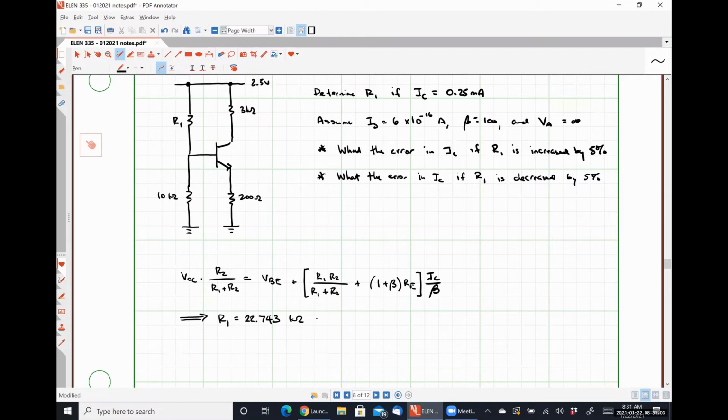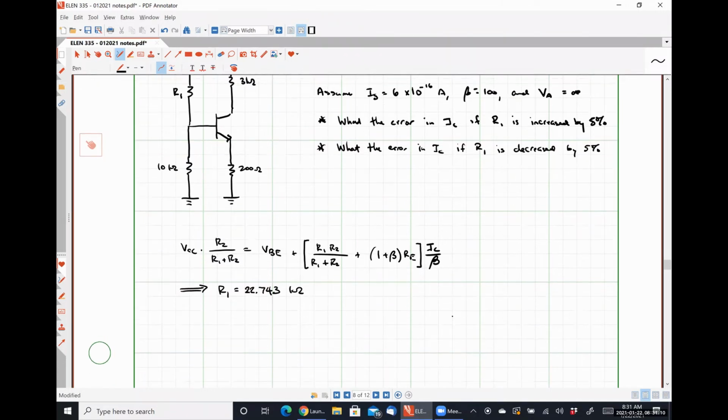Now let's see what happens if we increase the value of that resistance by 5%, okay? So I'm going to call this R1 prime, which is 1.05 R1, which would be 23.880 kiloohms.